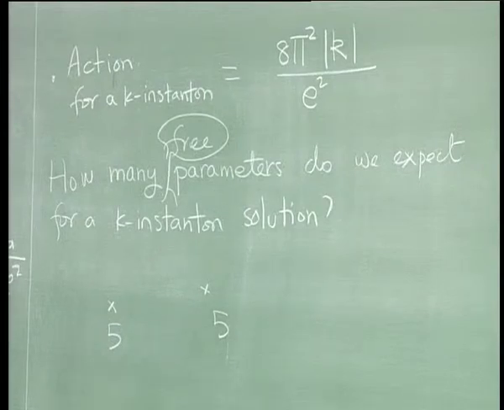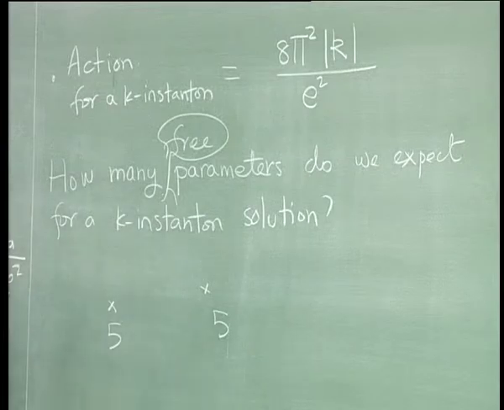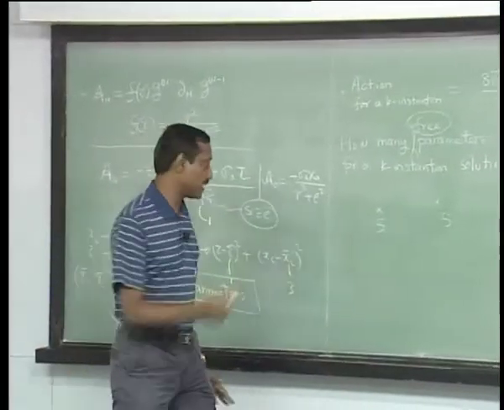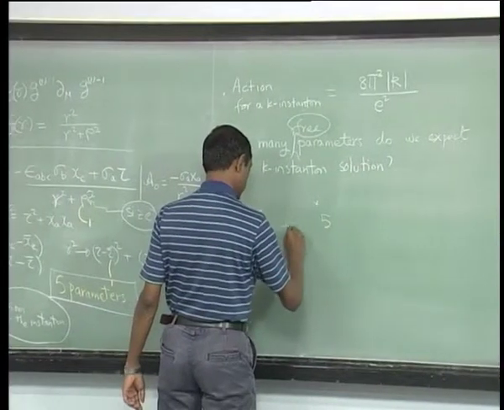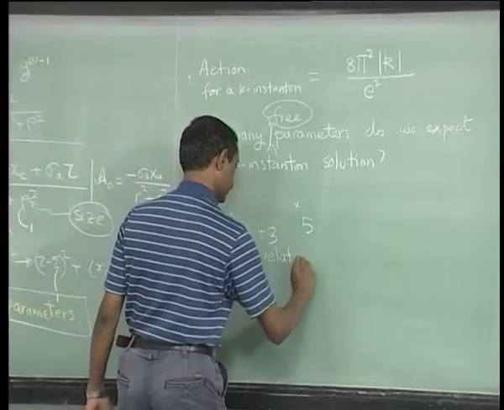The point I made yesterday is that there are 3 more parameters because there is a relative gauge transformation, relative SU2. This one had a global SU2 which I could have done, similarly I could do with the other, but then the overall thing can be removed. So plus 3 for the relative SU2 freedom.